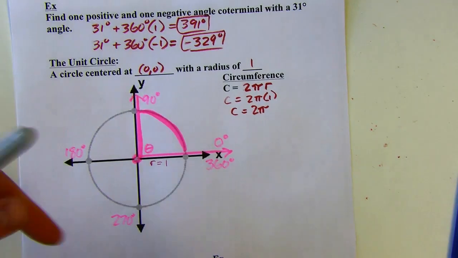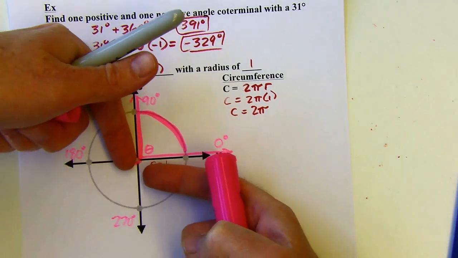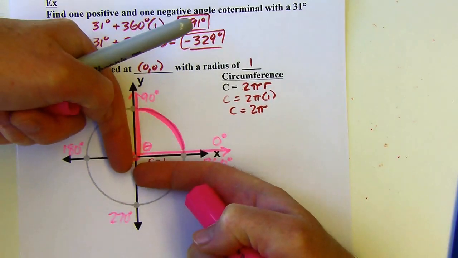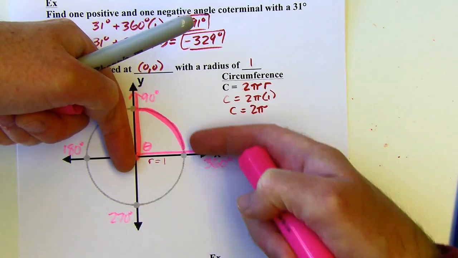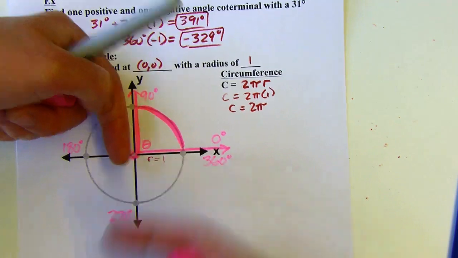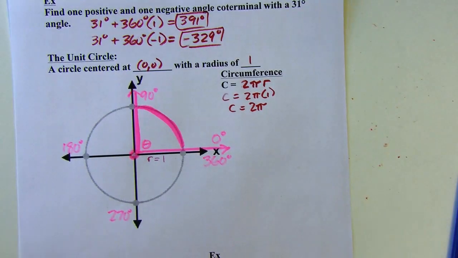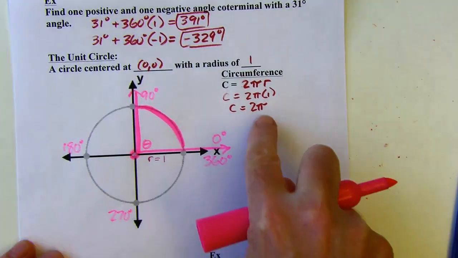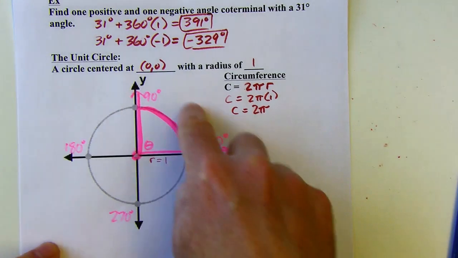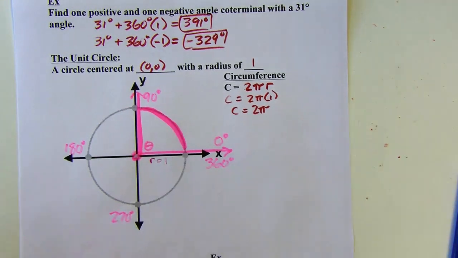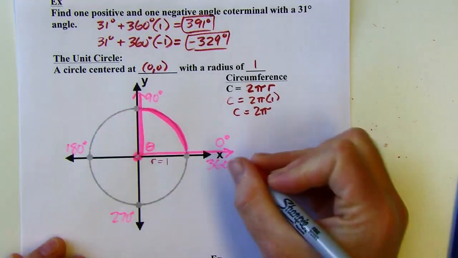So you could describe this angle by the degree measure, but you can also say, hey, it's a quarter of the circle, so I can describe how much of the circumference is highlighted by that angle, okay? So let's think about how much that would be. Well, if the whole circle has a circumference of 2 pi, that means if I go around all the way, I'll be at 2 pi.